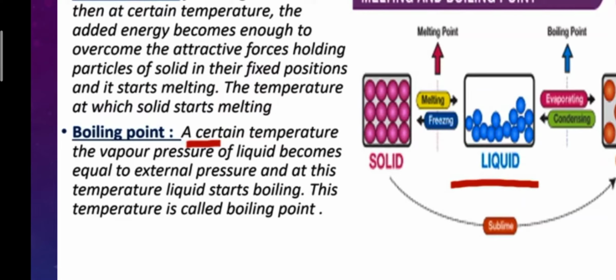Now, boiling point. At a certain temperature, the vapor pressure of liquid becomes equal to external pressure, and at this temperature liquid starts boiling. This temperature is called boiling point.